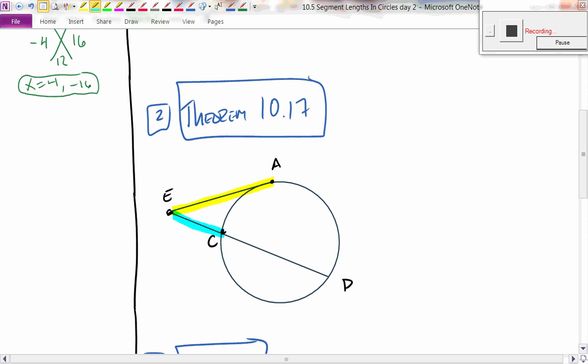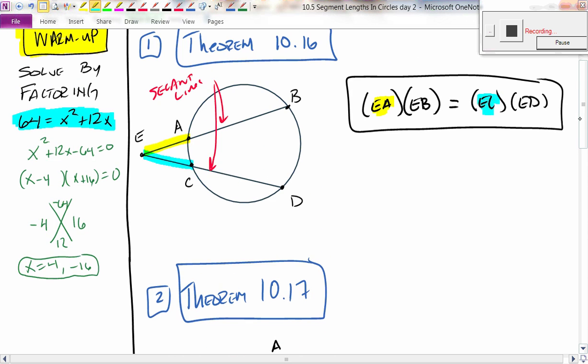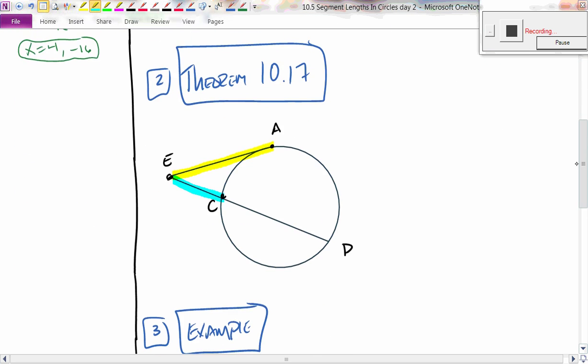Now, let's think back to the other theorem we just did. Notice that it was the outside part times the whole thing, EA times EB. So could you take a guess as to what the right-hand side of this equation is going to be for this theorem? EC times the whole thing, ED. But what's the other part?